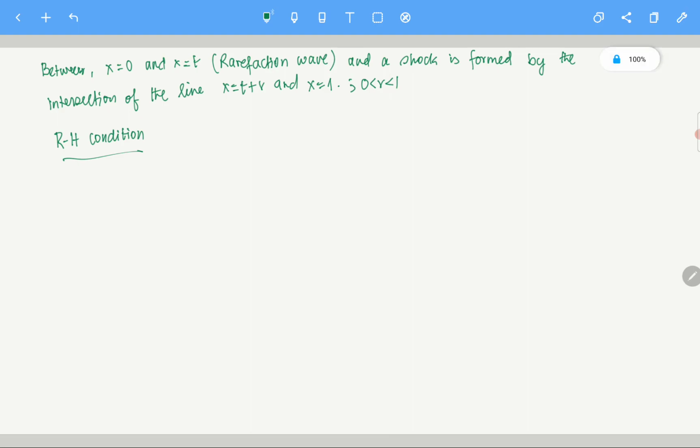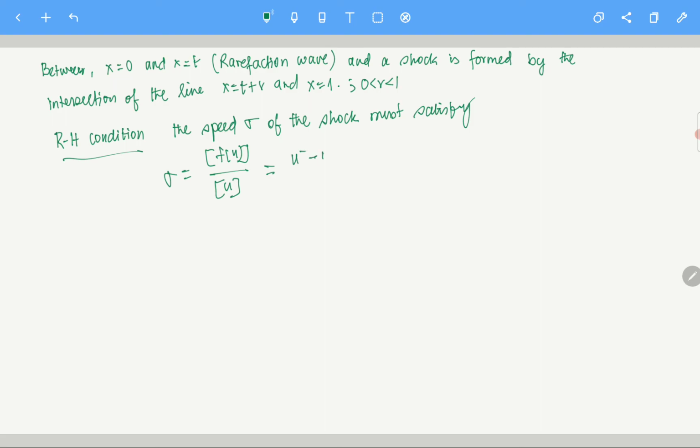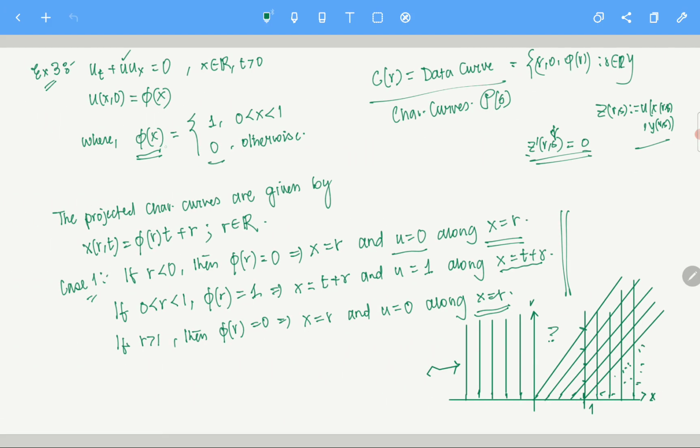So by RH condition, what does it mean? That the speed sigma of the shock must satisfy the jump of f of u by the jump of u. Here f of u is u squared by 2 in our case.